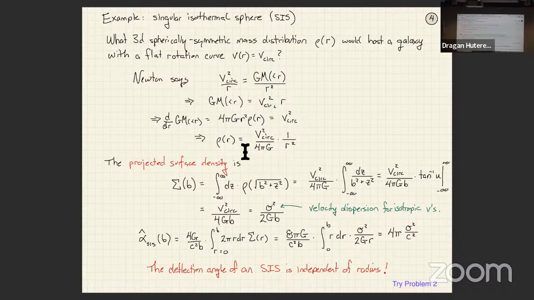So we can solve for the 3D density distribution of what is called the singular isothermal sphere, or SIS, as the circular velocity squared over 4 pi G r squared.